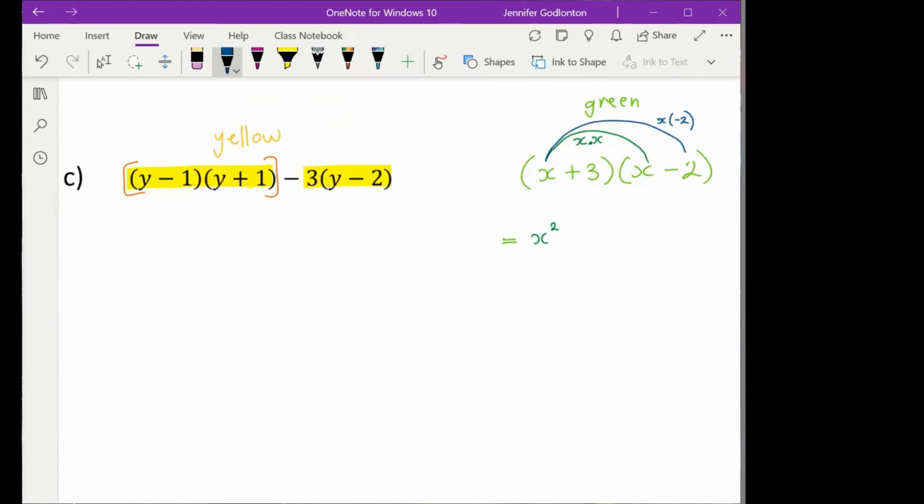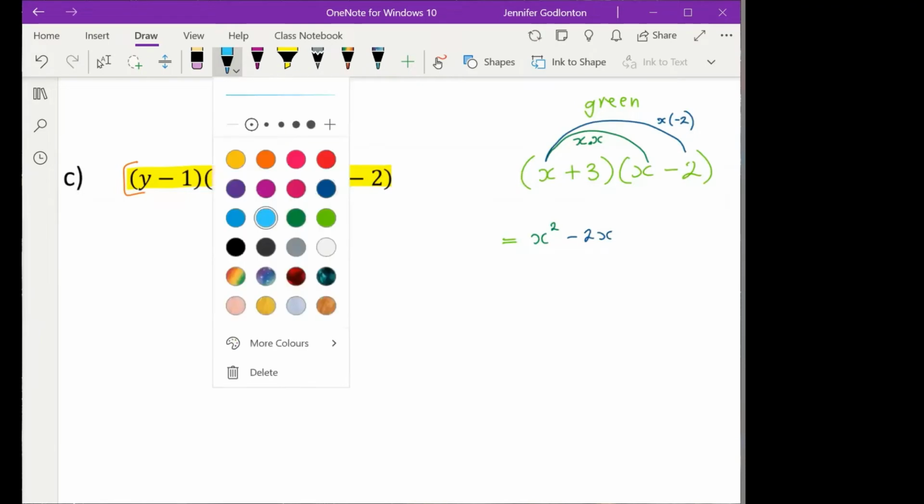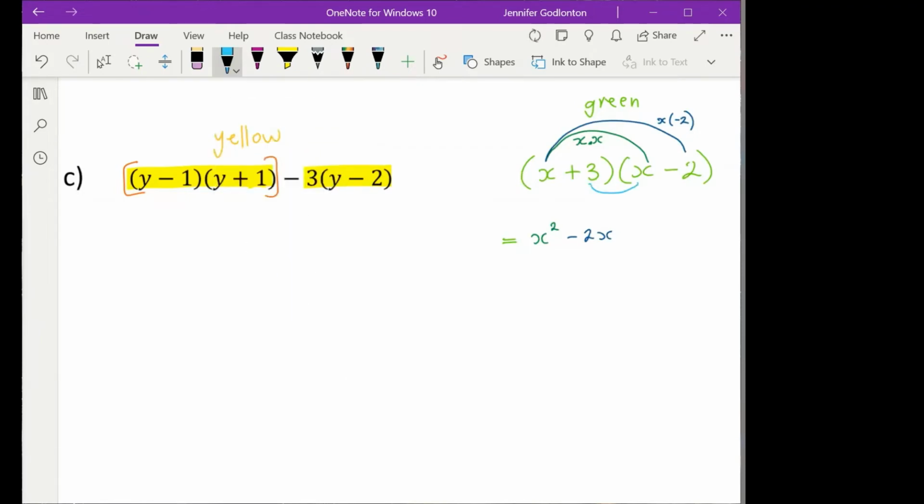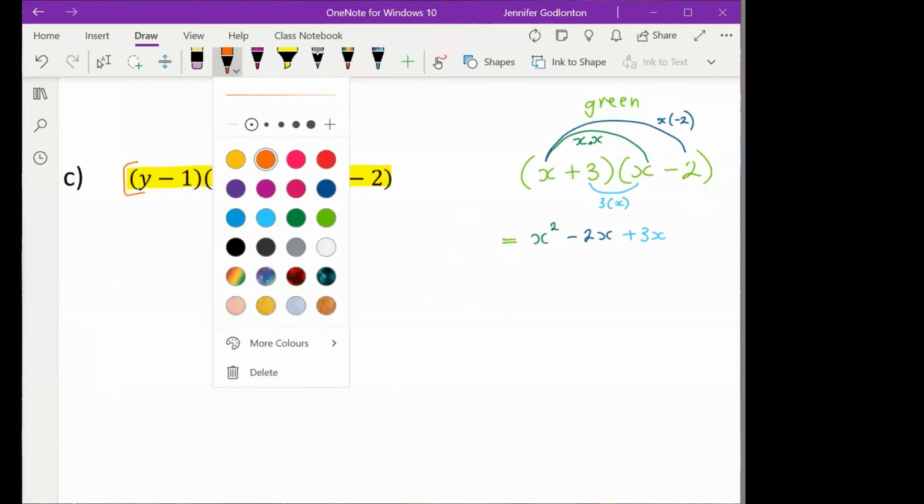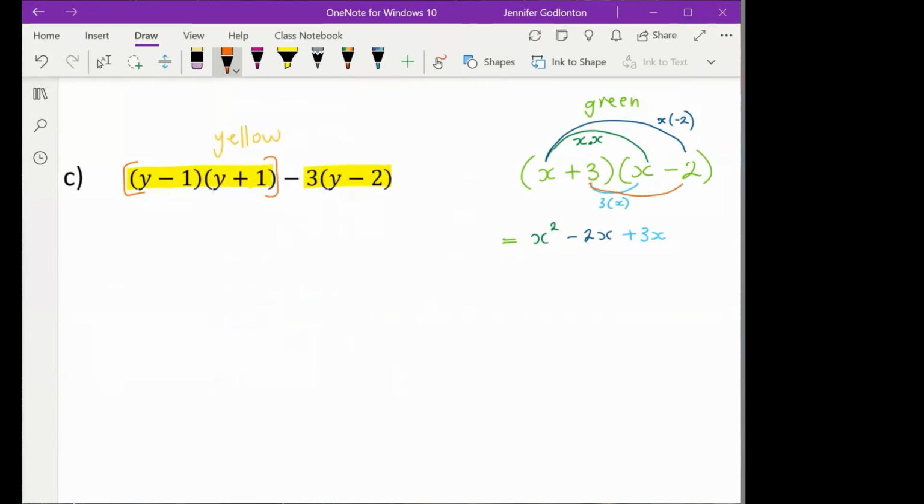X times negative 2 is negative 2x. Then I'm saying, what is 3 times x, which is 3x. And the last one, I'm saying, what is 3 times negative 2? And that gives me negative 6.